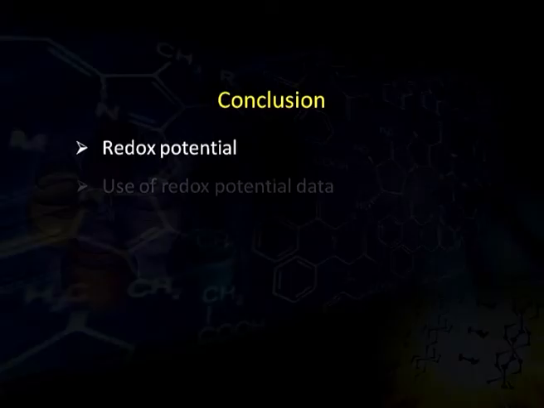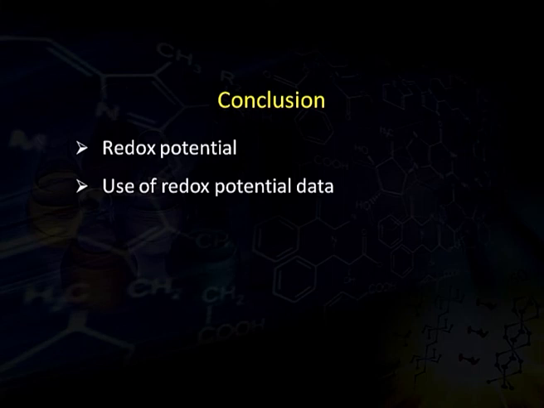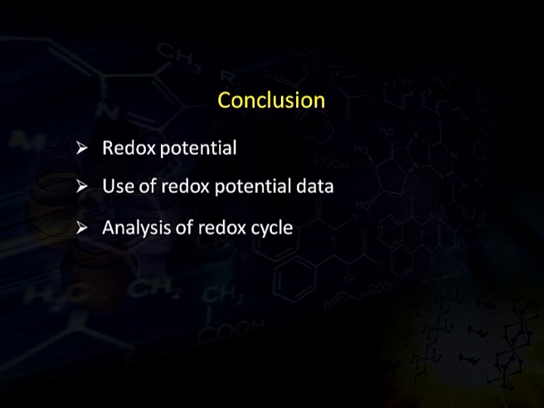Today we have discussed the redox potential, how the redox potential is going to distinguish the feasibility of the reaction, how the reactions are proceeding, and whether the value with a positive or negative sign is going to predict the feasibility and the equilibrium of the reaction, how the equilibrium is getting shifted, and the utilization of the redox potential data for various chemical processes. Further, we have discussed the analysis of the redox cycle.